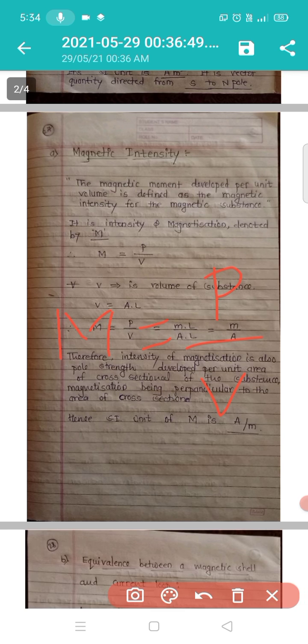Here V is the volume of the substance and it is given by V is equal to A into L, area into length.